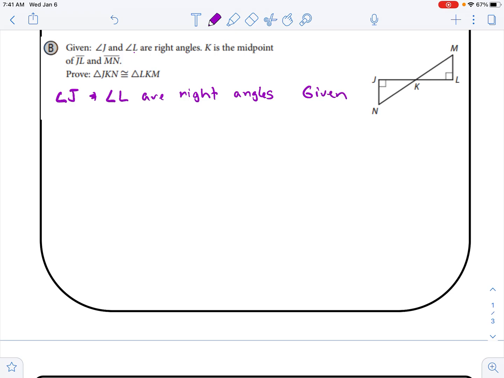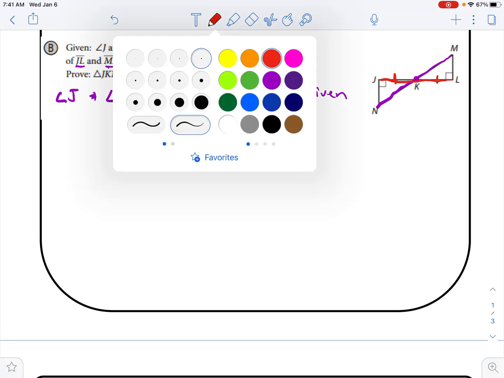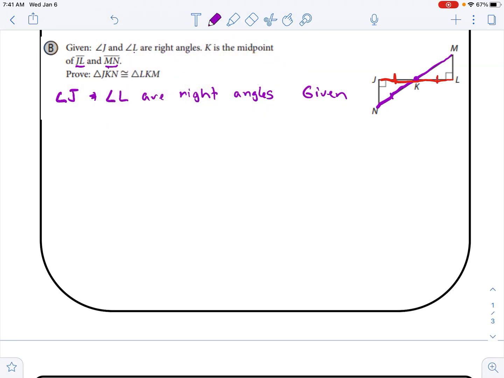Then I know K is the midpoint. Midpoint means it's in the middle. So it's in the middle of JL and MN, the middle of this line right here and also the middle of this line here. So I know that side and that side are congruent, and I also know that this side is congruent to this side because it's in the middle.